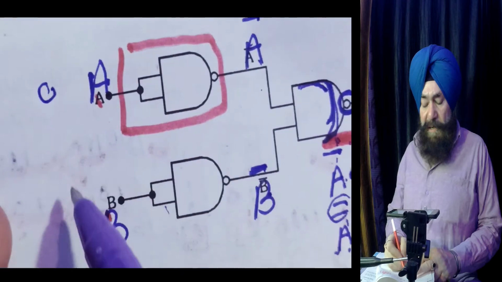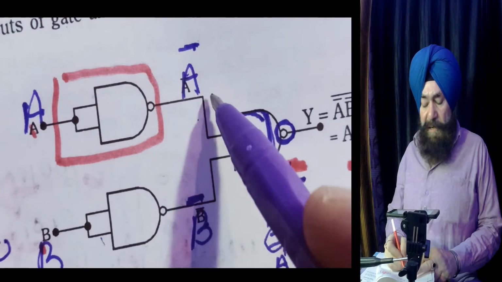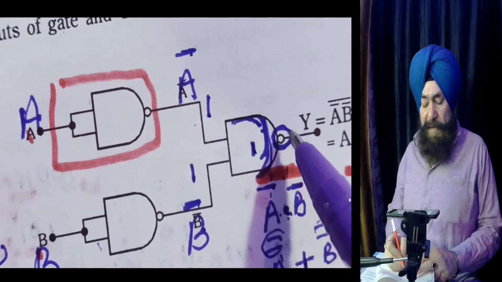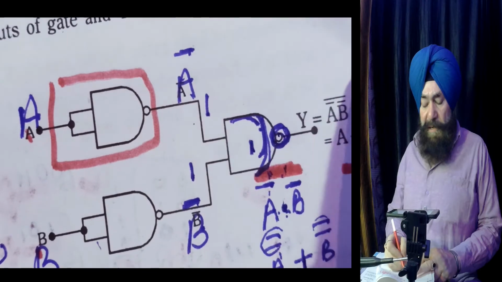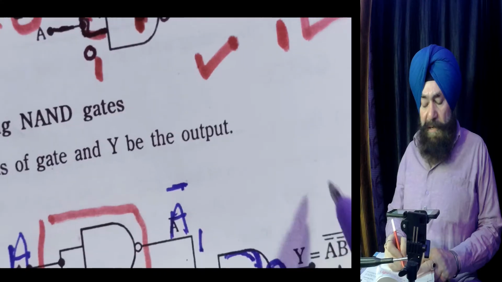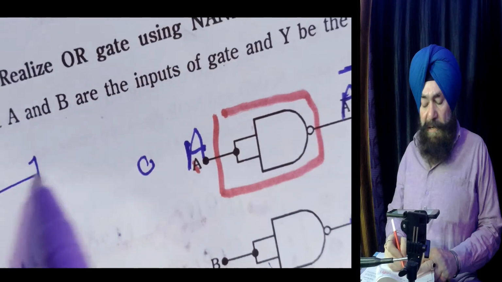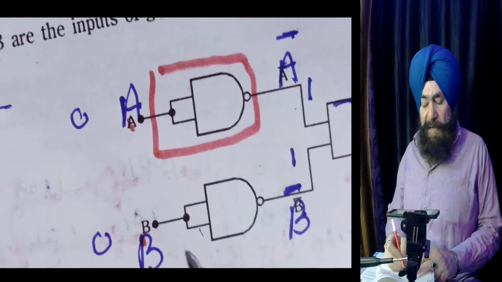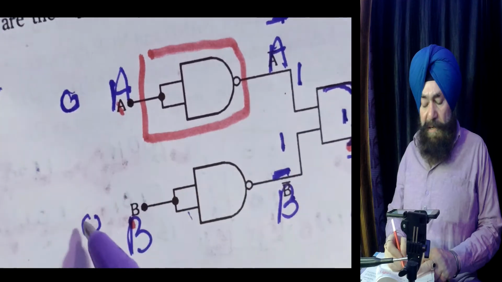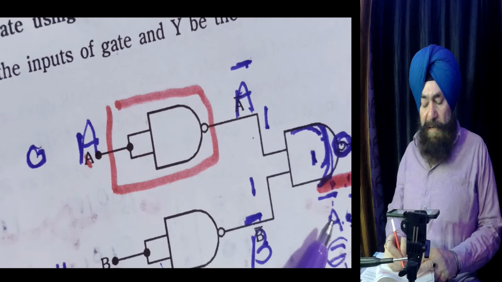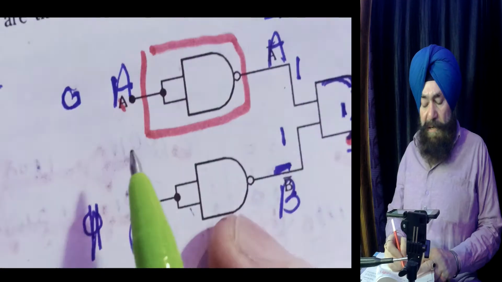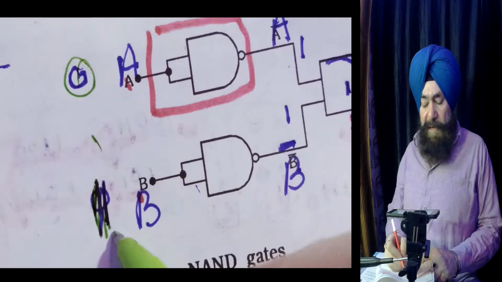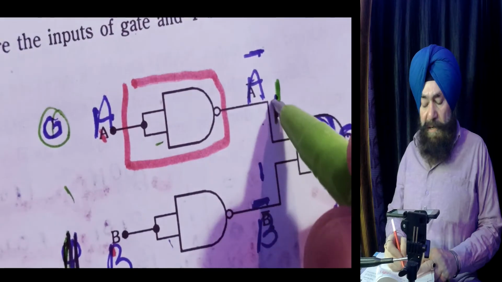If you give 0 and 0, it comes 1 and 1. AND gives 1, NOT turns it to 0. So that means 0, 0 is 0. Now I am coming to 0 and 1. 0 and 1, it becomes 1 after the first gates.